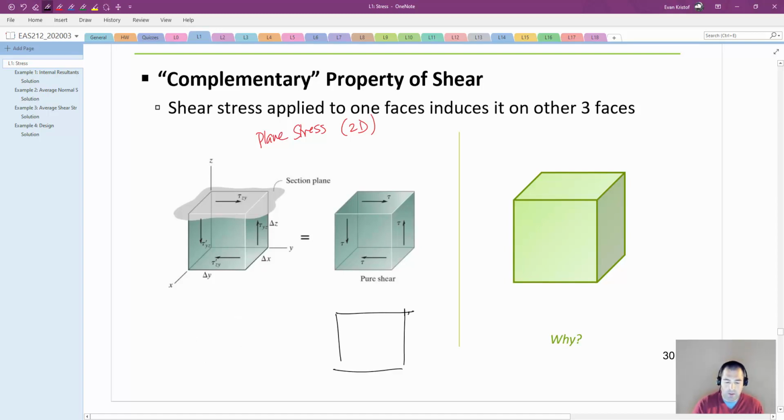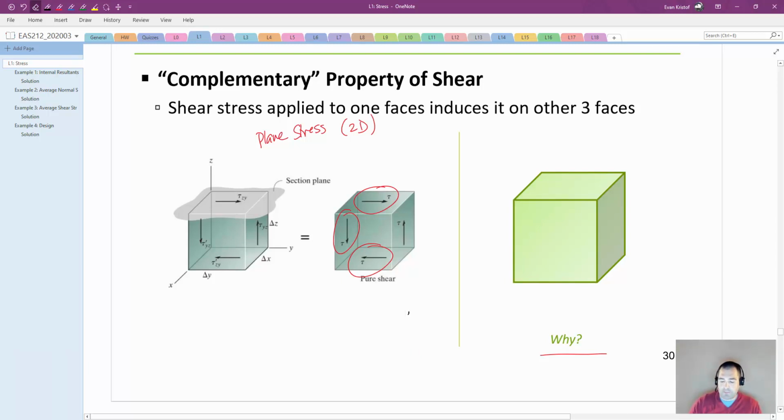The whole point here is that if we have a shear stress acting on one face, we will always see the shear stress equal on all the other three faces. And the reason is statics for the most part.